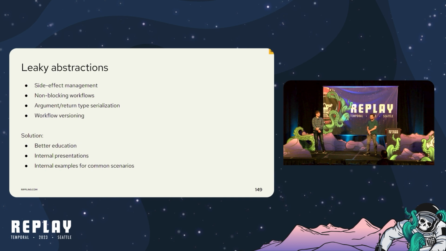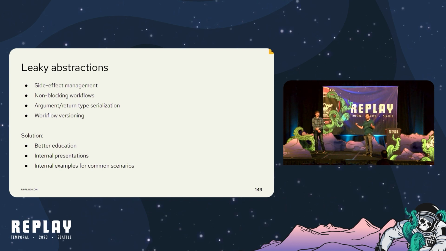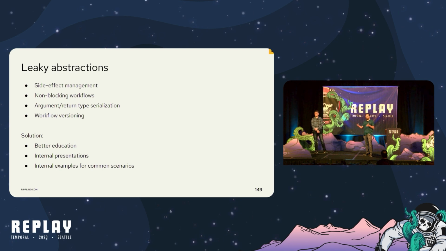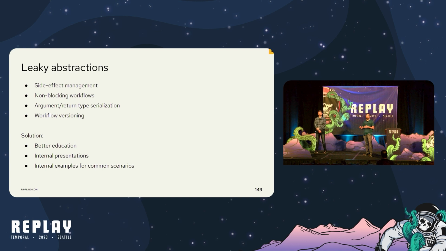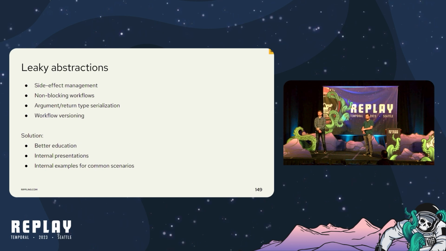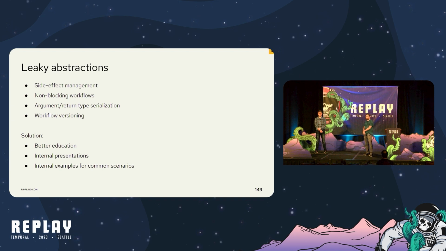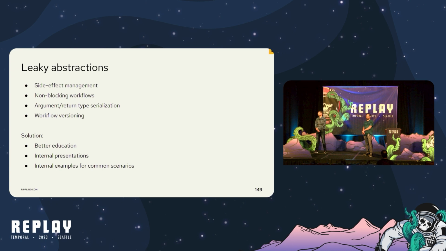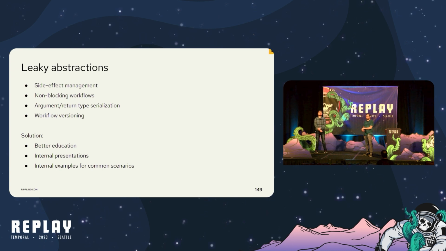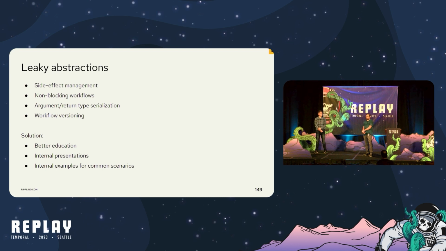Sometimes the workflow code looks very familiar to them, and they think it is just code, so they think, I can add a new argument to it. They forget about the serialization of the workflow. Workflow versioning also has to be thought about implicitly while making a code change. So that gets missed out.